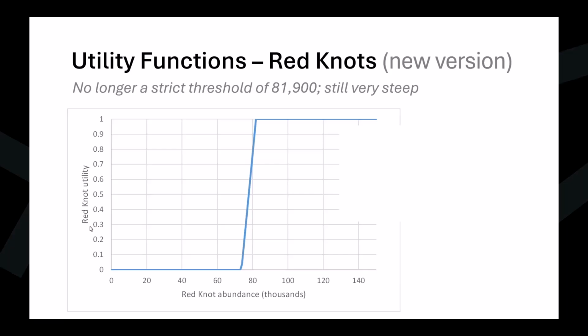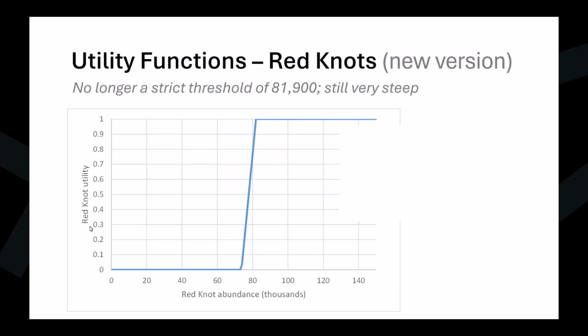And we really didn't have much of a basis to do anything that was much different because we were working off those original outcomes of those meetings. And so we stuck with this threshold of 81,900 red knots as an important milestone.